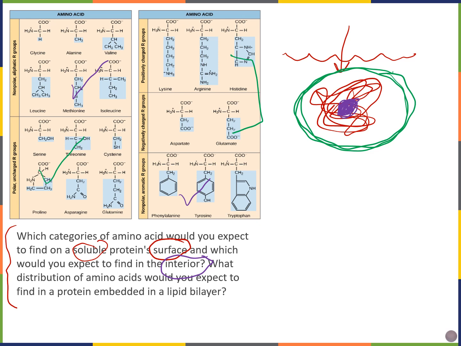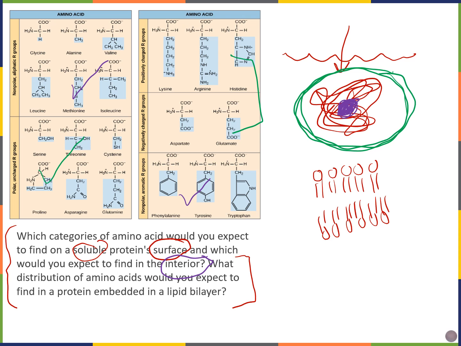And then the second question, down here, they say, what would you expect to find in a protein in a lipid bilayer? Do you guys remember that phospholipid bilayer we saw earlier when we were talking about lipids? We have our polar heads that are the circles and our nonpolar tails.